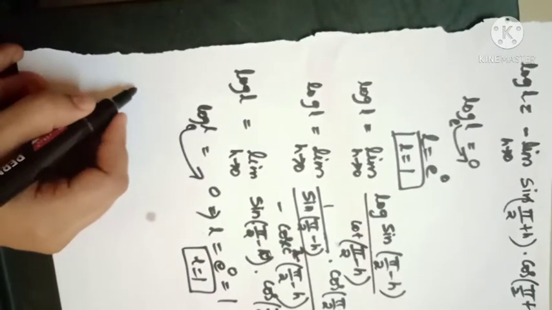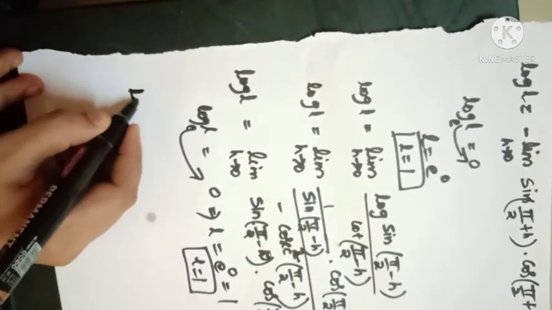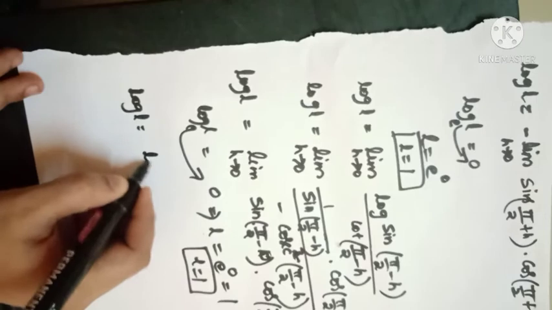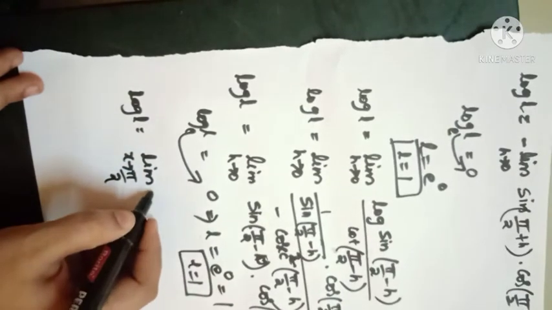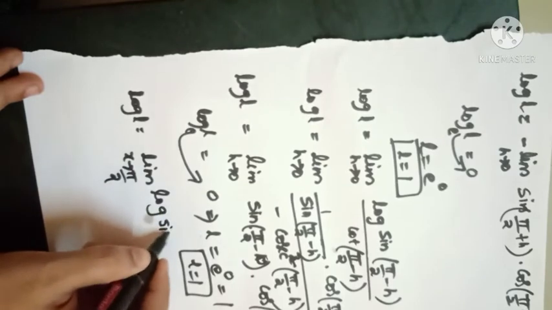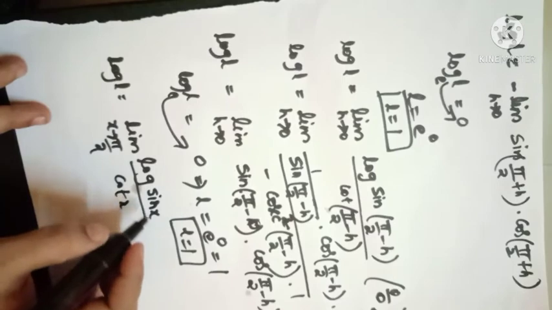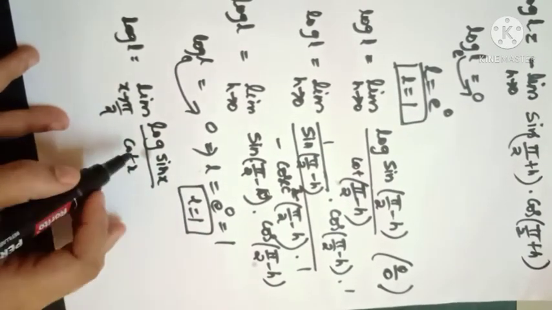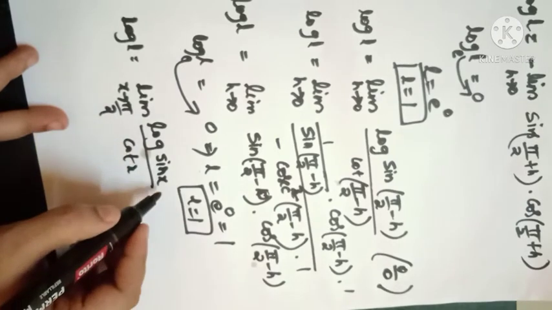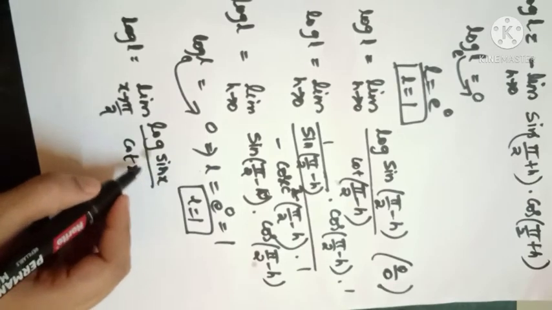Now consider the case when x is pi by 2. So that is the limit as x tends to pi by 2 of log sin x upon cot x. This is also 0 by 0 indeterminate form if you apply the limit. Again we apply the L'Hospital rule, that is, differentiate the numerator and denominator separately.